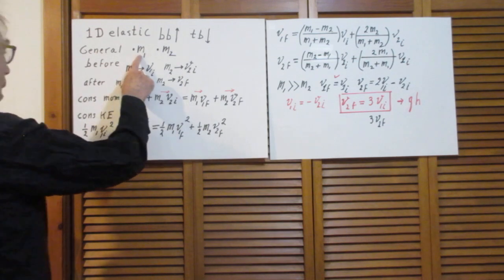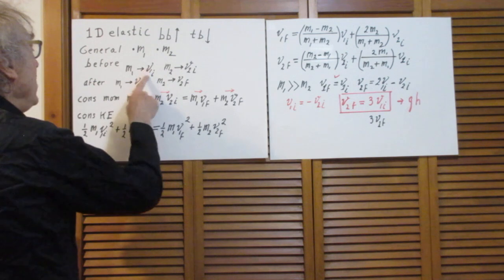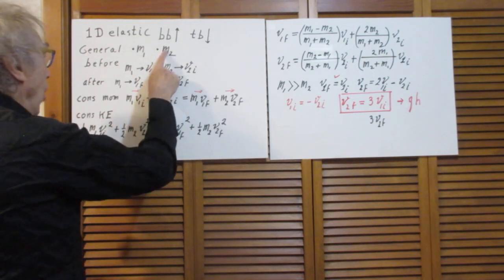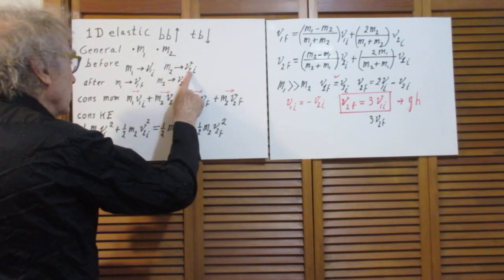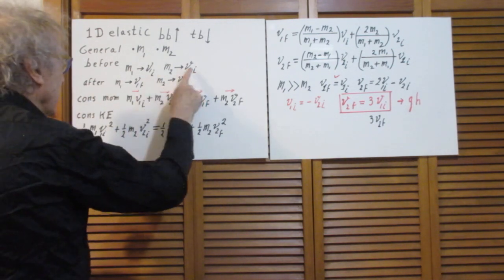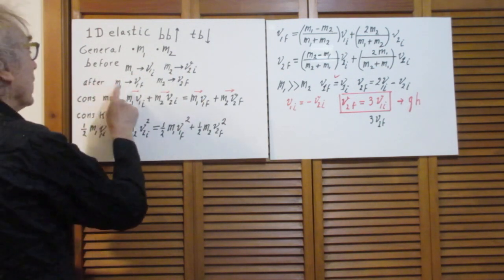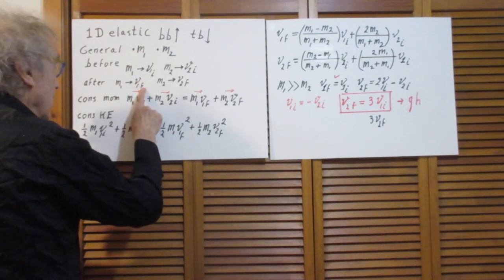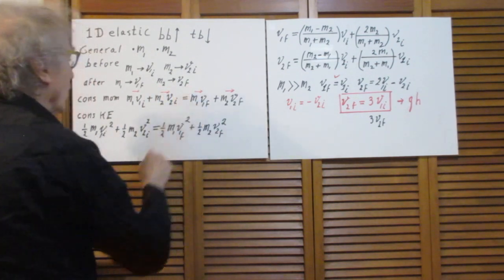I have an object M1 which is moving with velocity V1I, that is just before the collision. I have an object M2 which is moving with velocity V2I, I stands for initial, just before the collision. After the collision, M1 is moving with velocity V1F, which means final, and M2 is moving with velocity V2F, which means final.